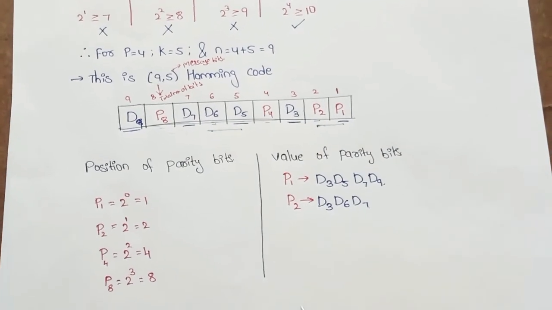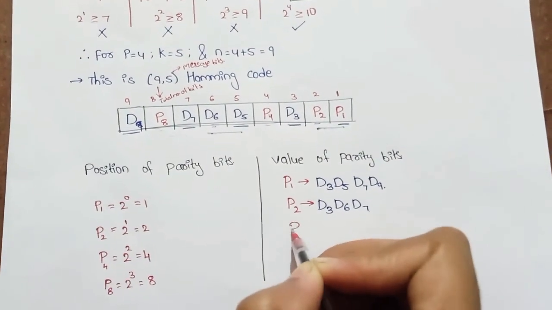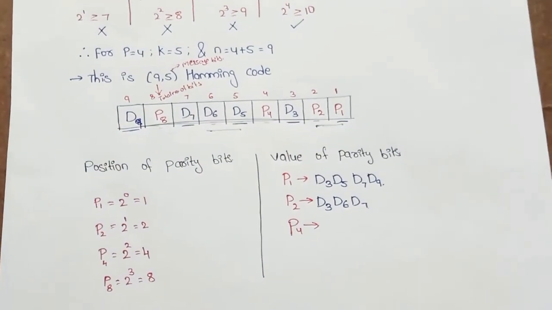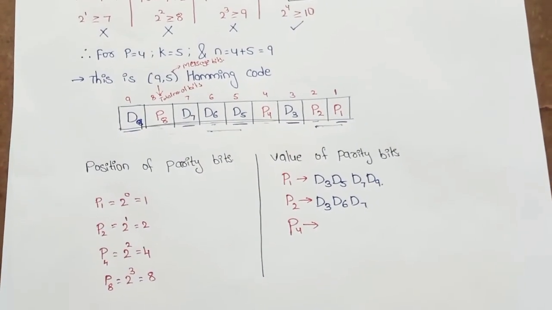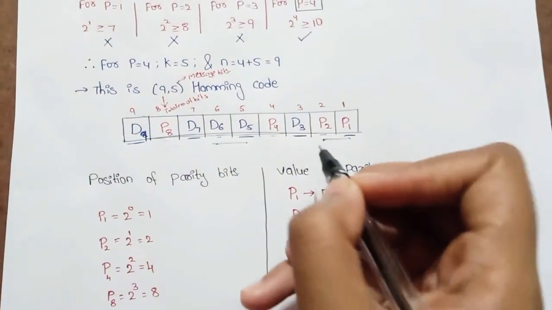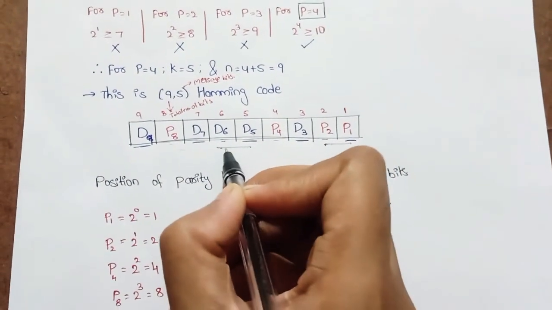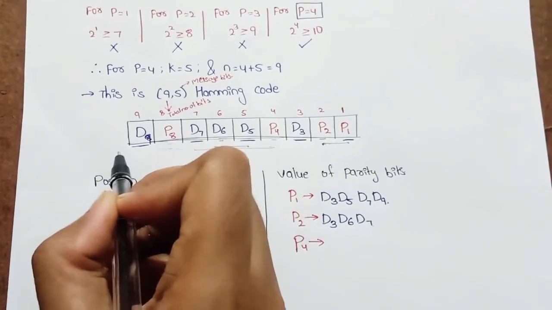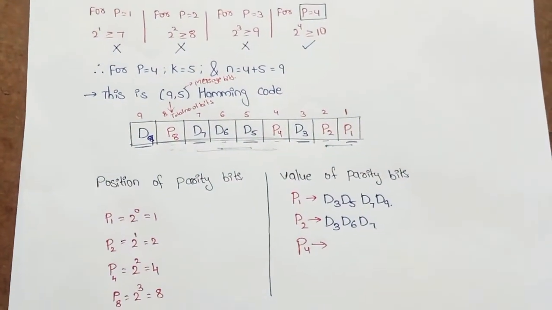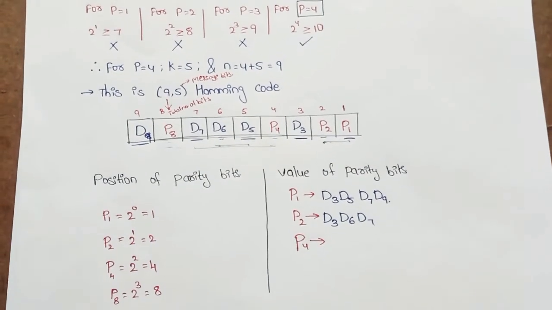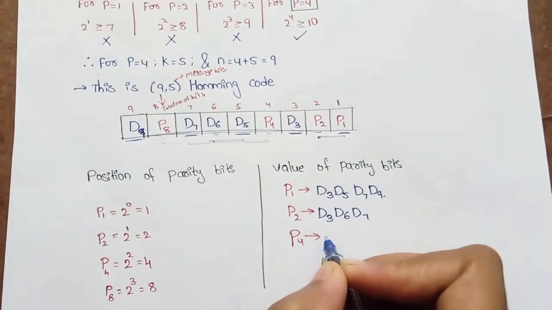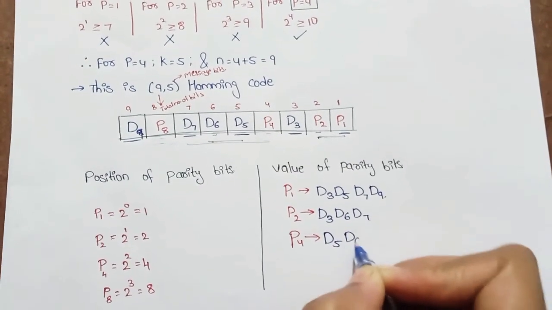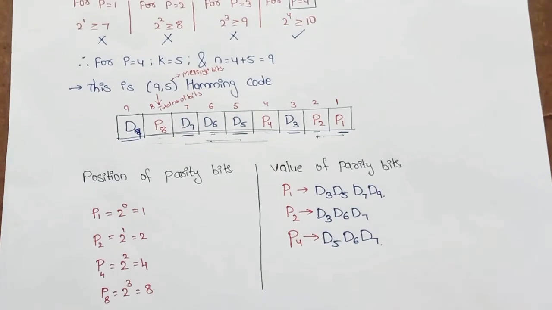Next, the value of the fourth parity bit. For finding the fourth parity bit value, we need to check 4 bits and skip 4 bits. The value of the fourth parity bit is D5, D6 and D7.